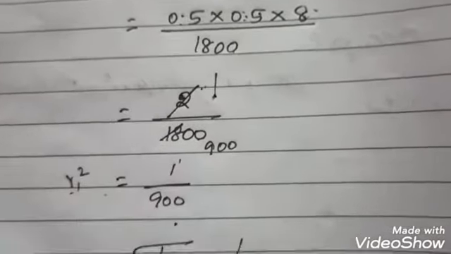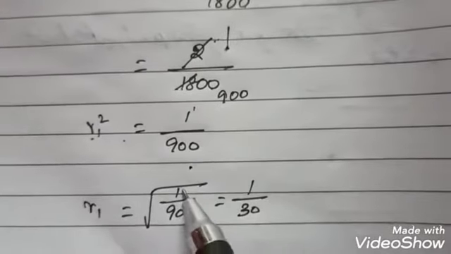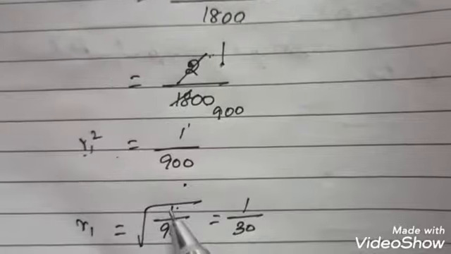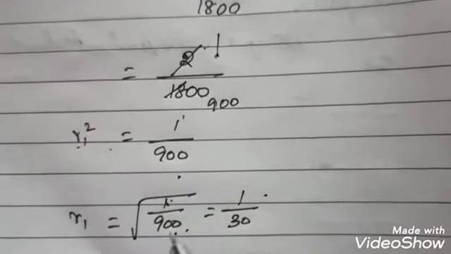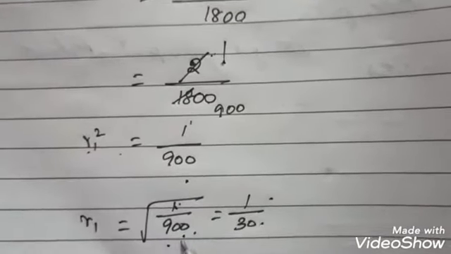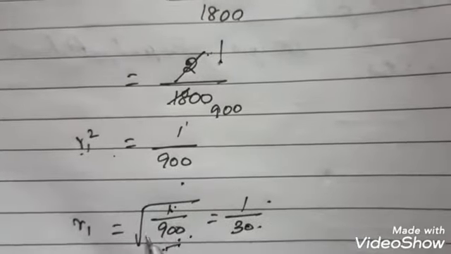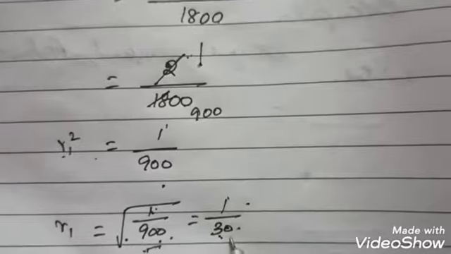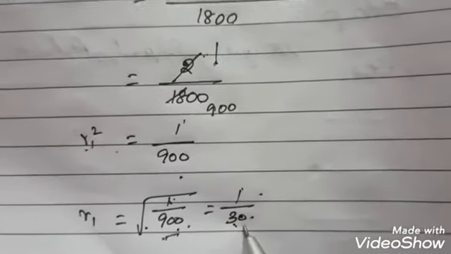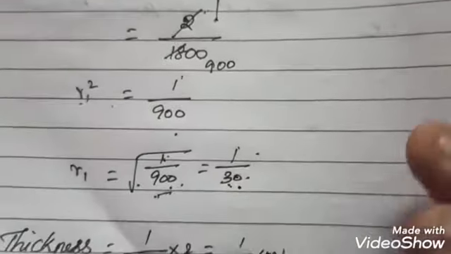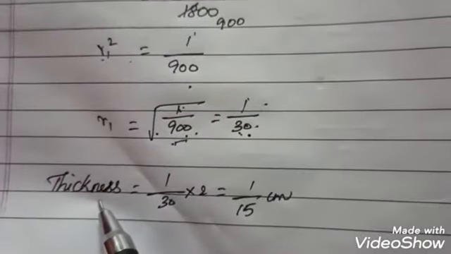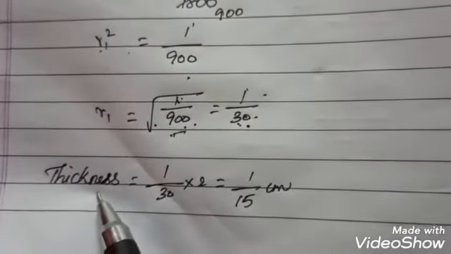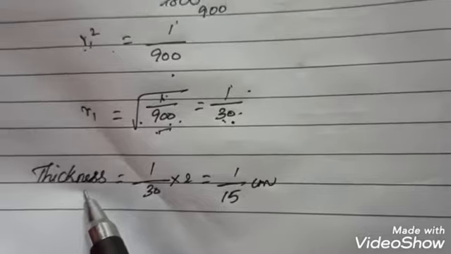So you take the square root of 1 divided by 900. Square root of 1 is 1, and in 900 the 00 means only one 0, and the square root of 9 is 3, so 30. 1 by 30 is the answer. So the radius of the wire is 1 by 30. We need to find the thickness, and thickness is nothing but diameter. What is meant by diameter? 2 times the radius.